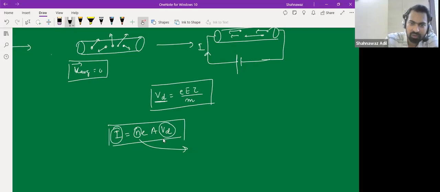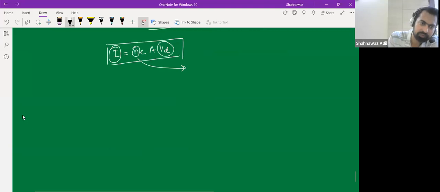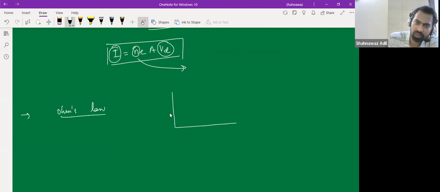Okay, and then we studied Ohm's law. In Ohm's law, we saw that whenever we plot the voltage versus the current, we get a straight line, which means that V is directly proportional to I. If we remove the proportionality, we get a constant which is called the resistance.